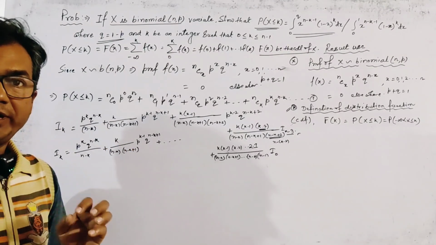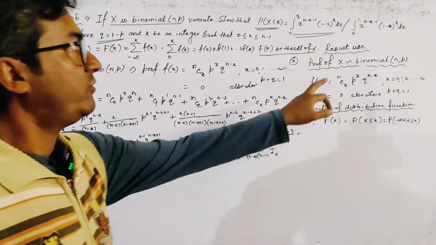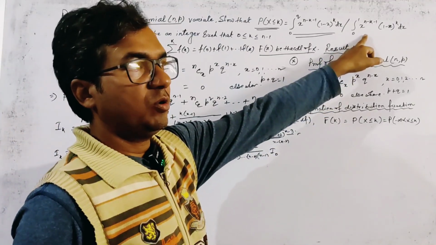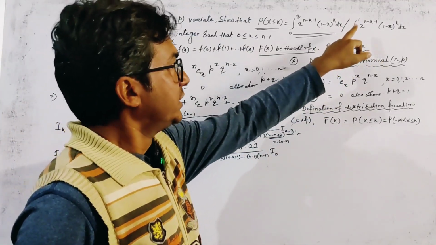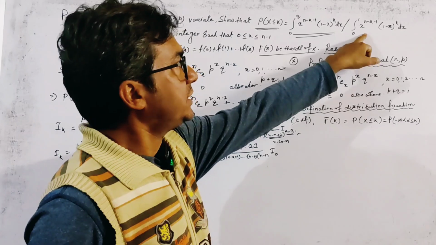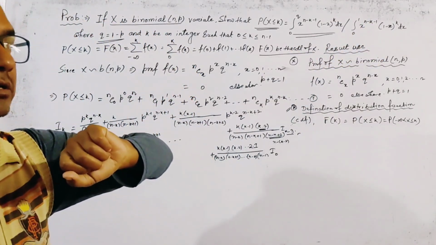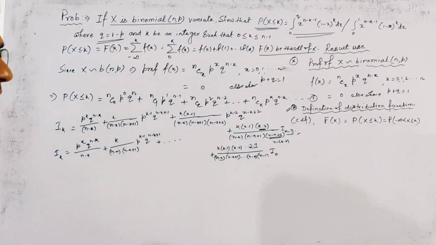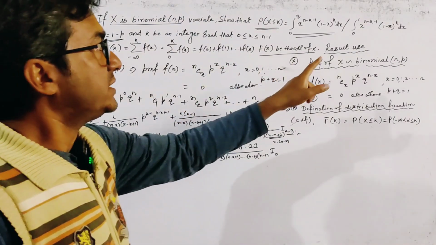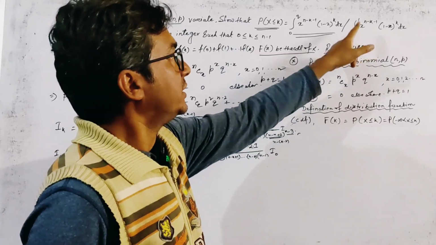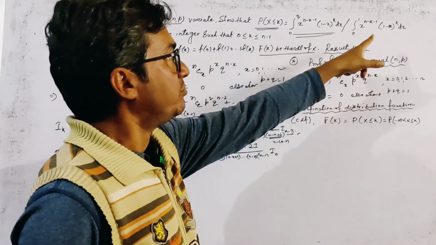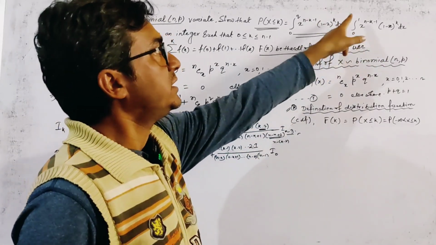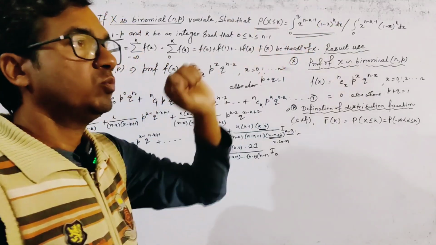Now we have to find out the value of the integration in numerator. Okay, this is the value of this integration in denominator. And what is the value of this integration? It is clear that the integration in numerator and denominator is the same, the integral is the same, but only the range is 1 in place of q.